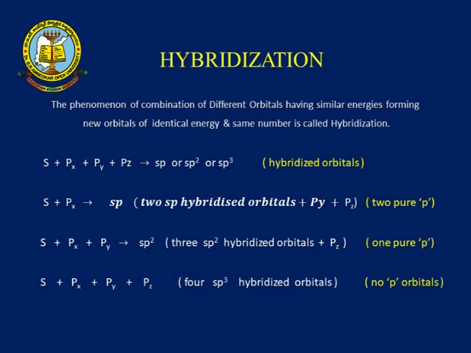Once again, I will refer to the phenomenon of combination of different orbitals having similar energies, not identical, similar energies, forming new orbitals of identical energy and in the same number, that is known as hybridization.